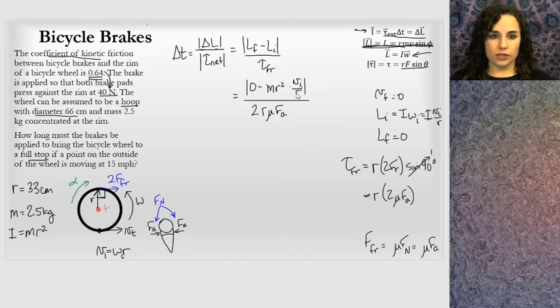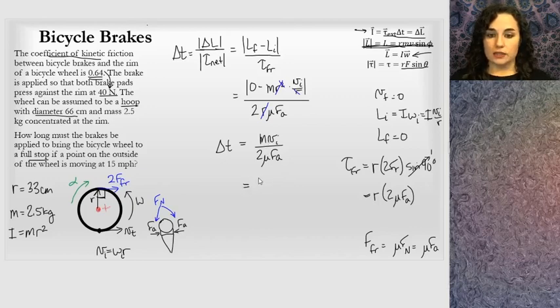I'm going to notice that there's an R here and an R here, and that cancels. And then I'm also going to notice there's an R in the denominator and an R in the numerator, and that cancels. And when I simplify, I'm going to remove the negative. I don't care about negative. It's a time. I don't want to deal with negative time. So I get mass times that initial velocity divided by 2 mu times the applied force. And when I plug numbers in there, that will give me the time.